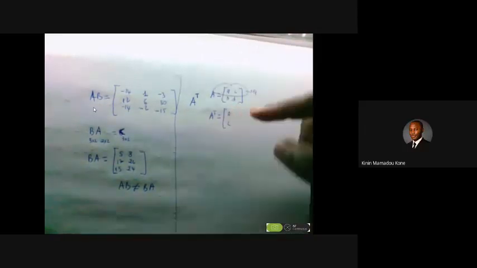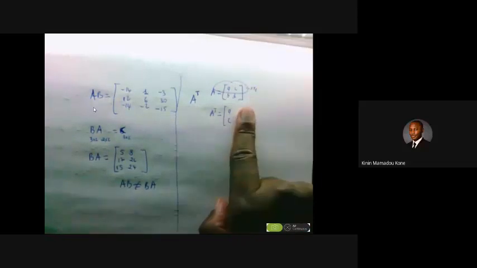Now the transpose of A takes the rows and transforms each row into a column. So this is row 1. Transform row 1 into column 1. You take row 2 and turn it into column 2.